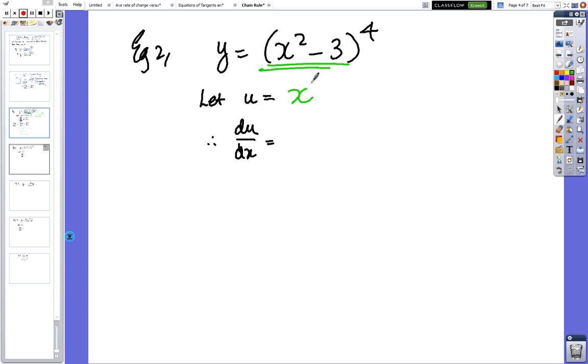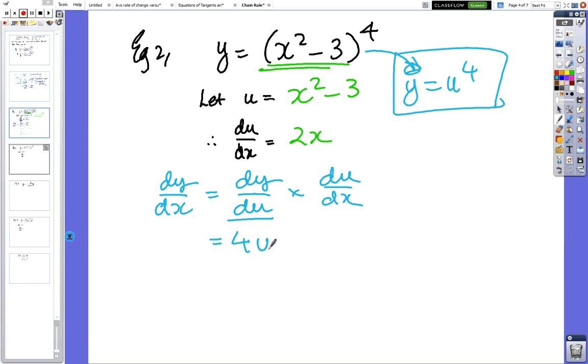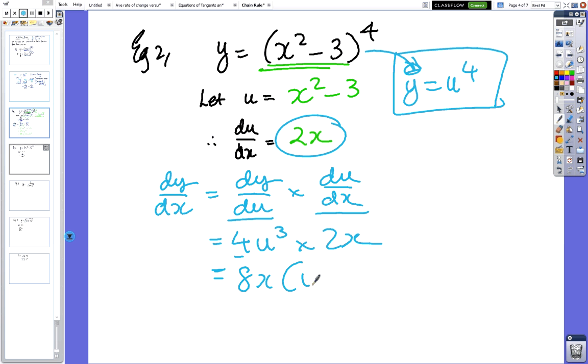Okay, so we've got another one. There's the bracket, so we say x squared minus 3 is u, and du dx is just 2x. And again, just reminding you, y is now u to the 4. So we've changed it. dy dx is dy du times du dx. dy du is this part, so we've got 4u cubed, and du dx is this part, and then 4 times 2 is 8, so it's going to be 8x times u cubed.